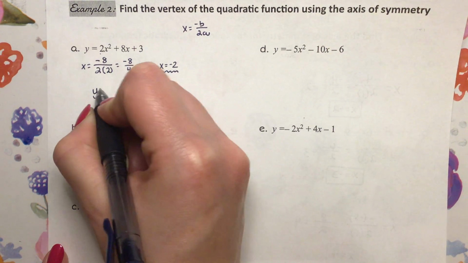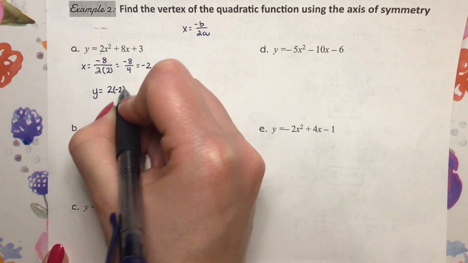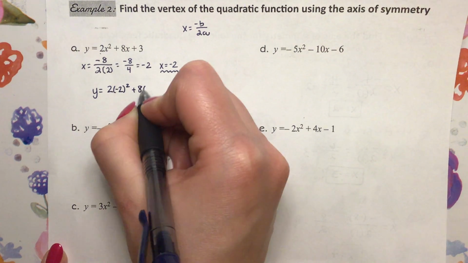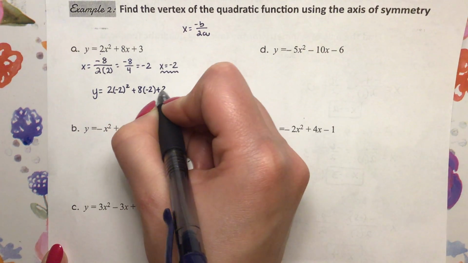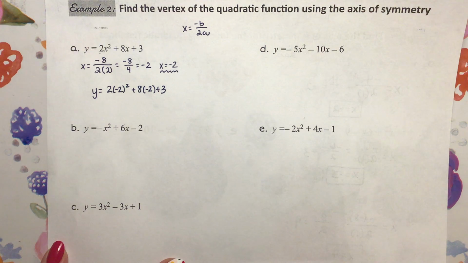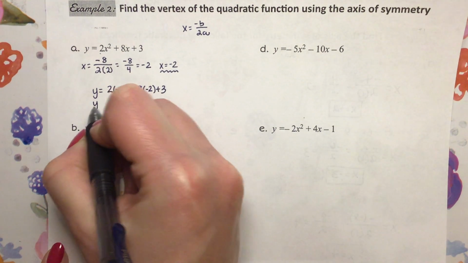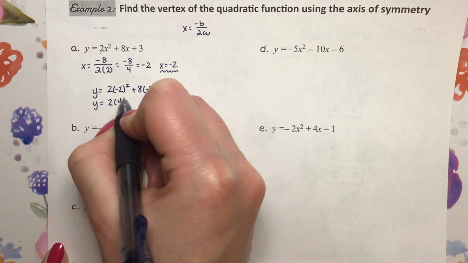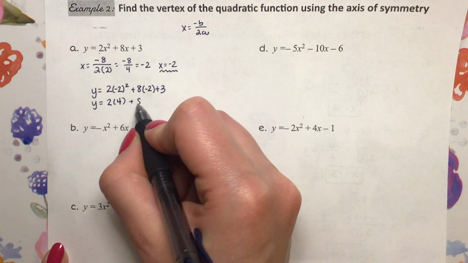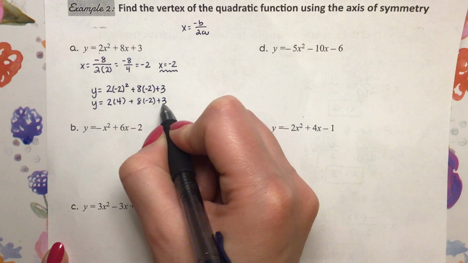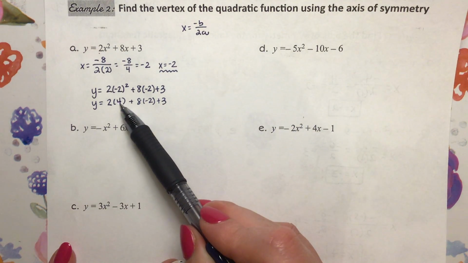So this is becoming y is equal to 2 times negative 2 squared plus 8 times negative 2 plus 3. Now we need to follow order of operations. So this is going to be y is equal to 2 times 4 plus 8 times negative 2 plus 3. Now you might be thinking, how did you get 4?